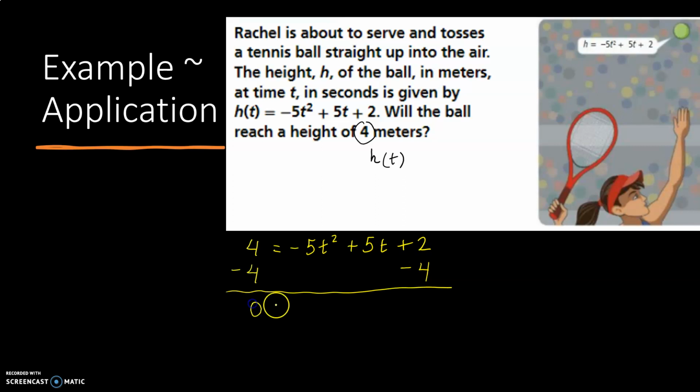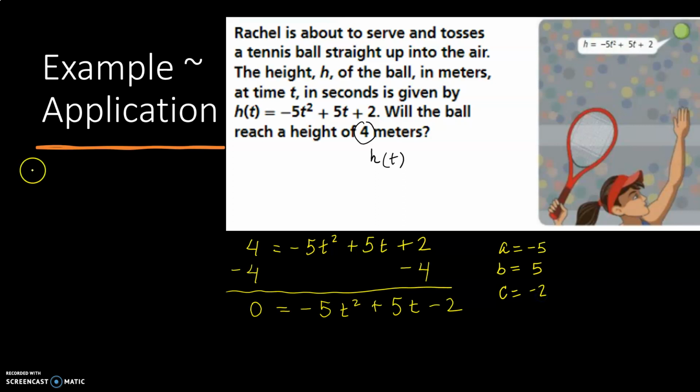Then this is equal to 0, and then we can do the quadratic formula. A big thing to get out of this problem is that you have to start with making sure that your equation is 0. And so then we can find a, b, and c. So a is negative 5, b is 5, and c is negative 2 because we moved the 4 over.